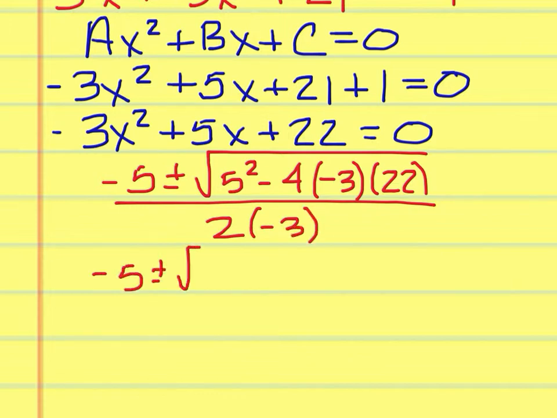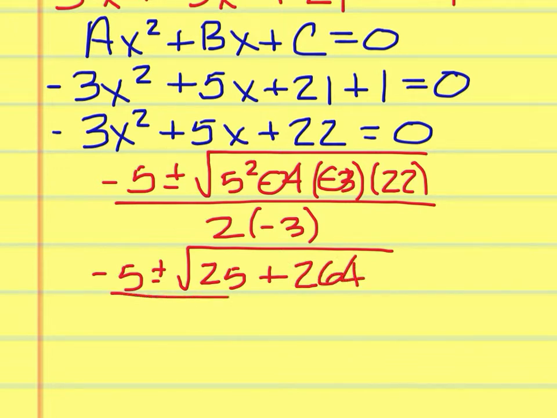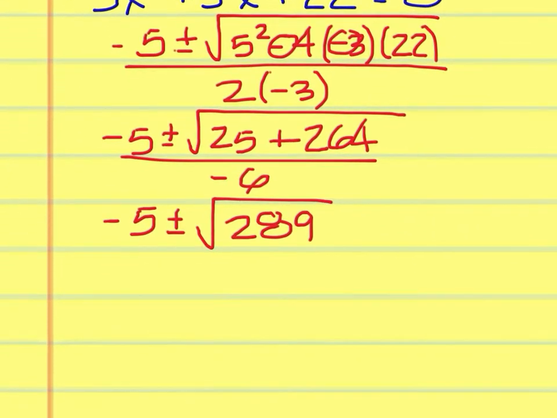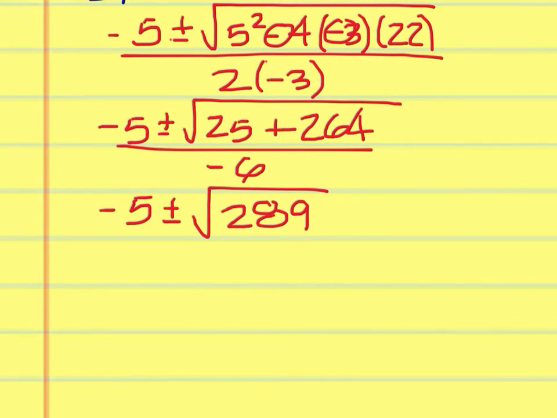Under the square root sign, you should have 25 plus, due to this double negative, plus 4 times 3 times 22. And that comes out to be 264. If you add 25 and 264, you will get 289. And if you know your perfect squares up through 625, then you'll know that 289 is a perfect square.